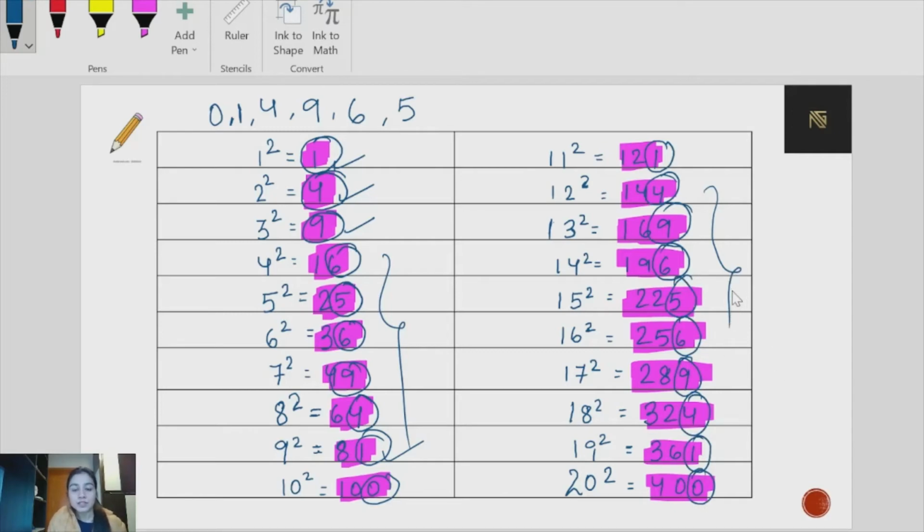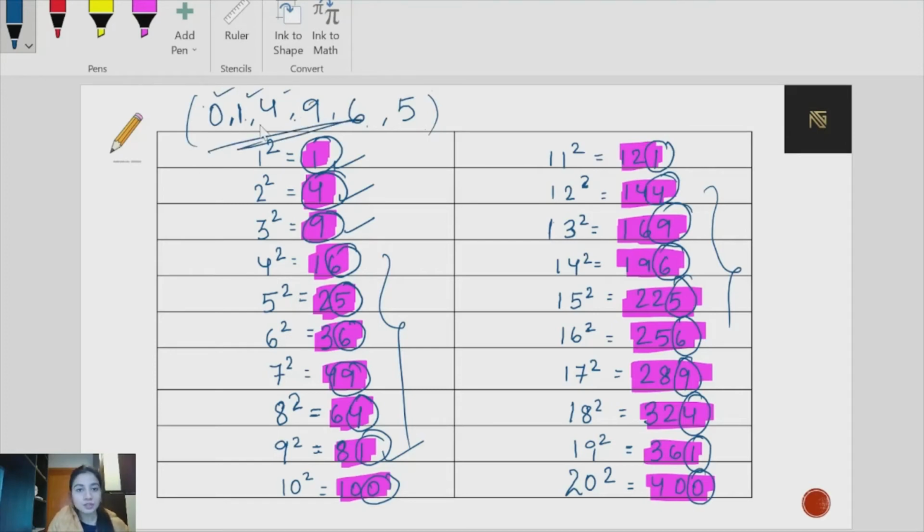So we can conclude that any perfect square number's unit digit will be either 0, 1, 4, 9, 6 or 5. If you want to find the perfect square of any larger number, you will get the unit digit from this group only.